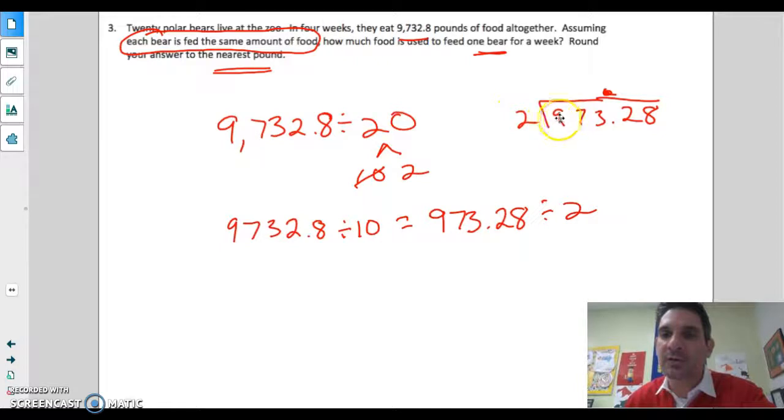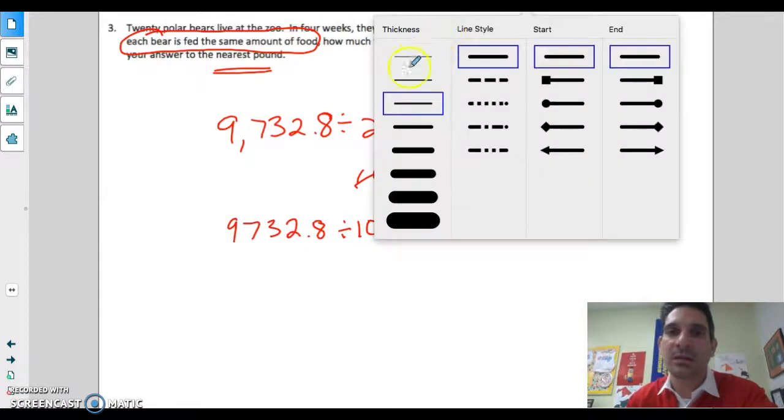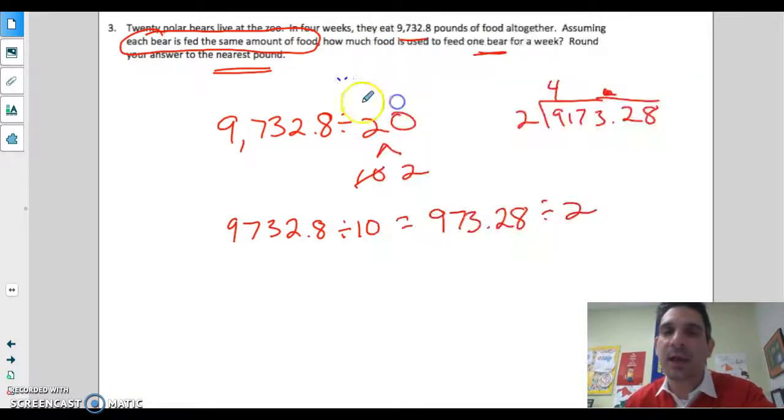2 goes into 9 4 times, that's 8, with 1 left over, that's 17. Let me do this in a different color so that we don't get confused. 2 goes into 17, 8 times, that's 16 with 1 left over. 2 goes into 13, 6 times with 1 left over. 2 goes into 12, 6 times. 2 goes into 8, 4 times.